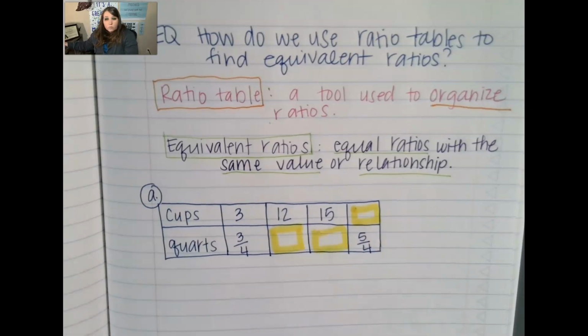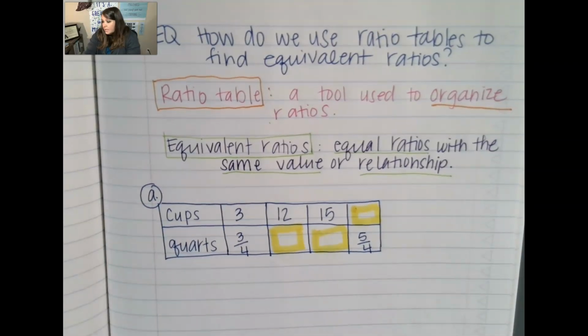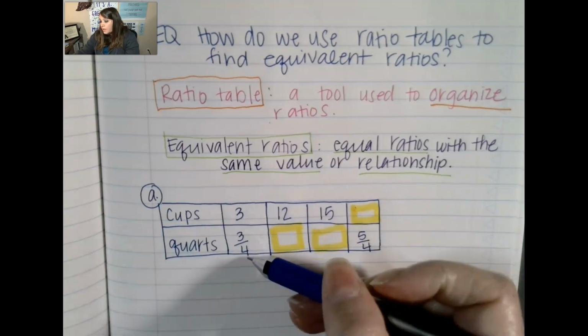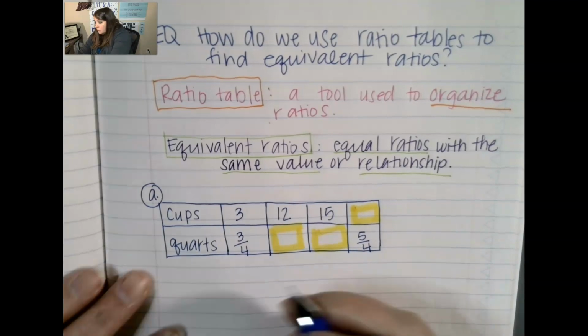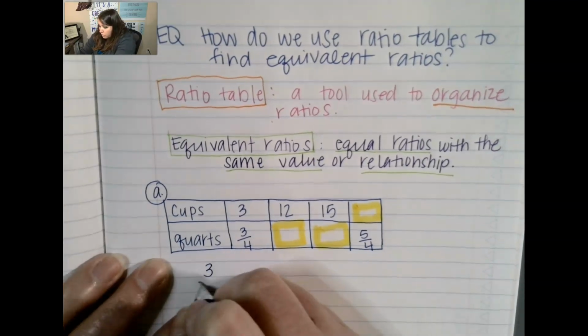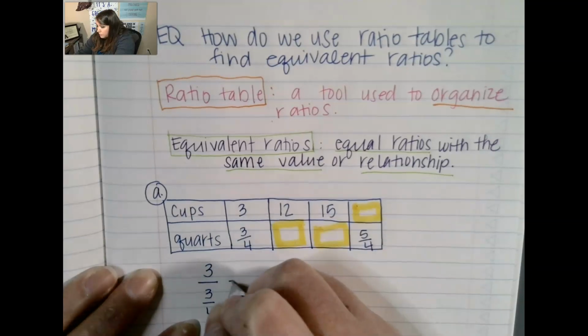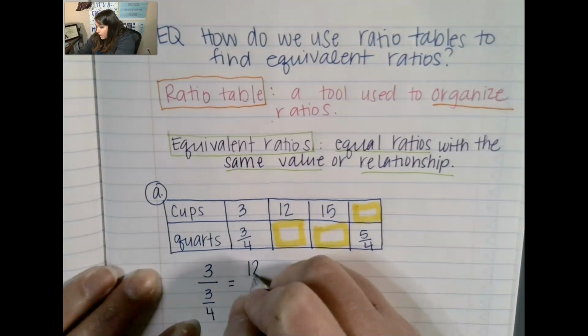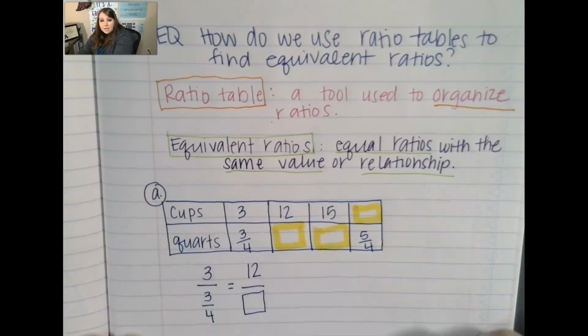Or we're going to use what we call the multiplicative relationship. We're going to create equivalent ratios from this ratio table. So the first thing we want to look at is comparing 3 to 3/4 to 12 and something. So we're going to figure out 3 over 3/4 is equal to 12 over something. We don't know what that something is.